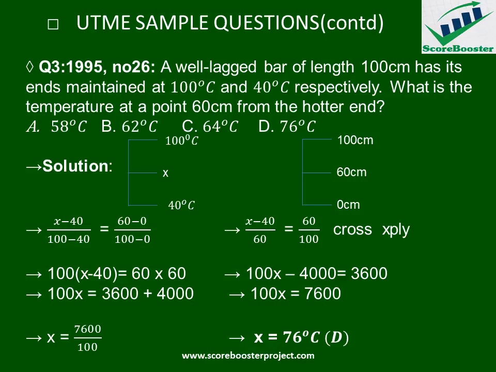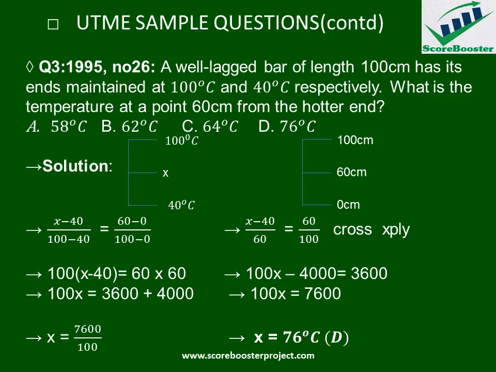So 60 centimeter will be between 0 and 100 if we want to locate it. So the 60 centimeter will be placed between 0 and 100. Now, its counterpart on degree Celsius will be x.